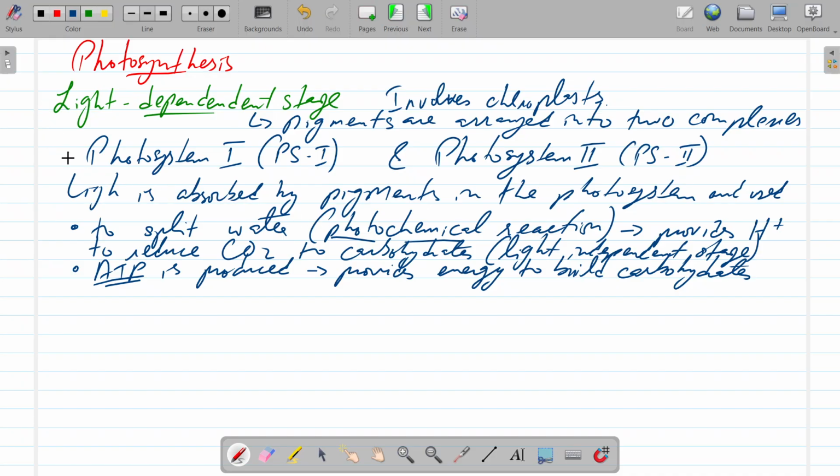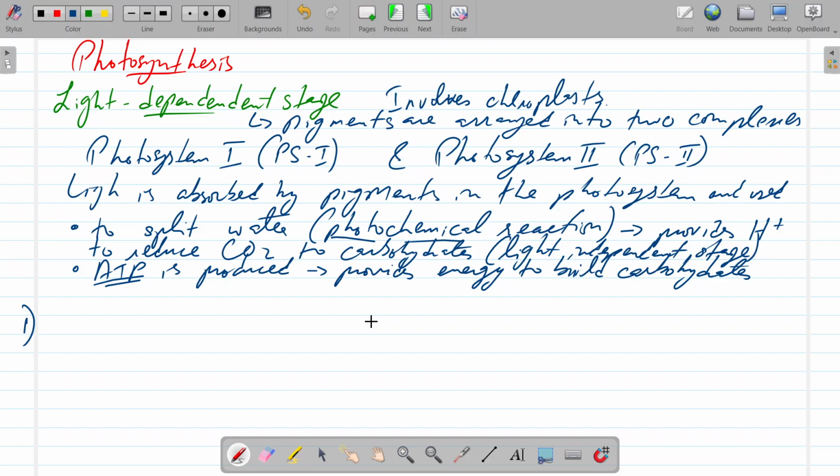Now, all of this happens in two different processes. There are two different processes occurring in the light dependent stage, and there is no sequence between them to say that one happens first and then the other happens next.